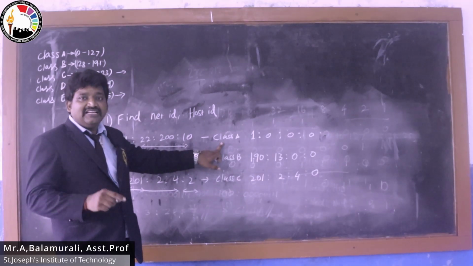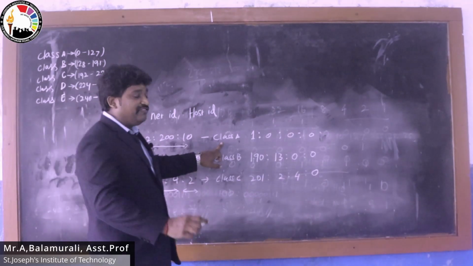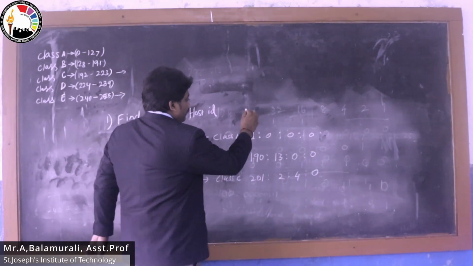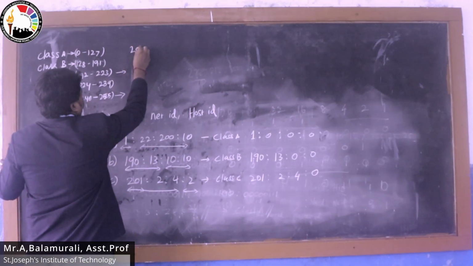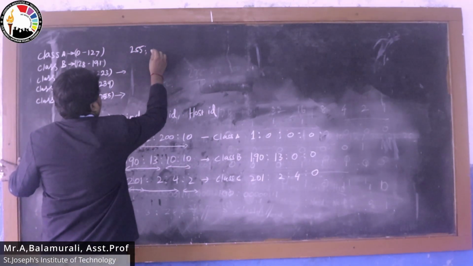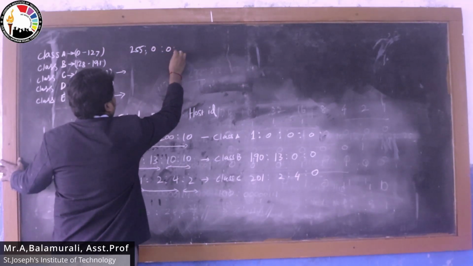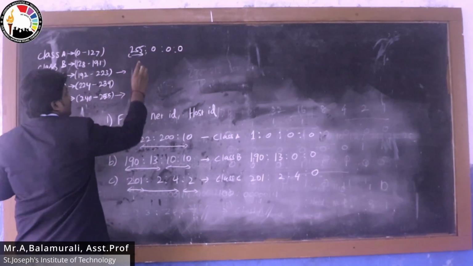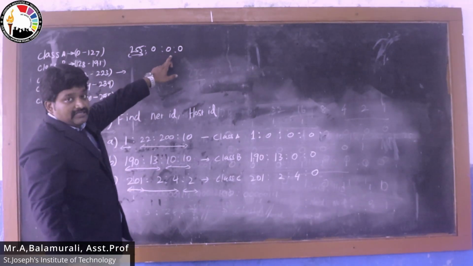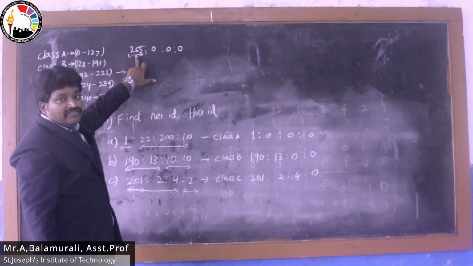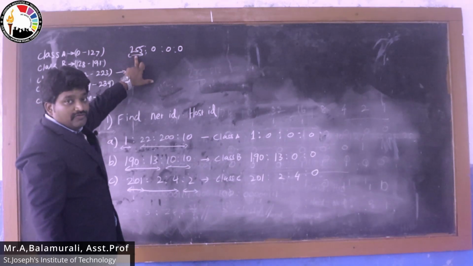Wherever the net ID is there, in that place you have to mention the value 255. So this is 255, remaining 0, 0, 0, because only one partition has net ID. Remaining all partitions are host ID. So that's why we are putting 255. Net ID means just mark 255.